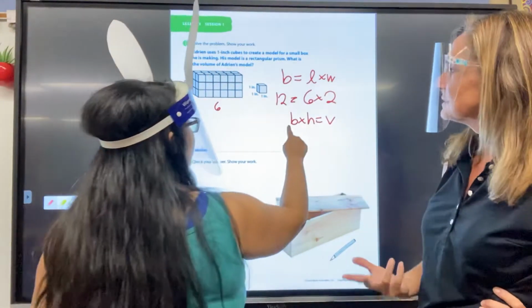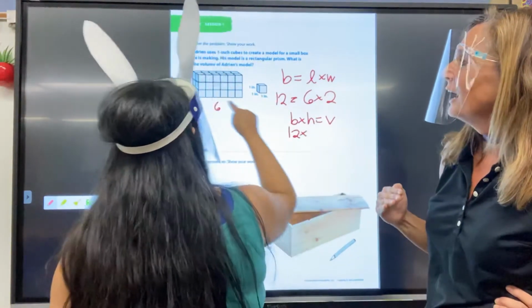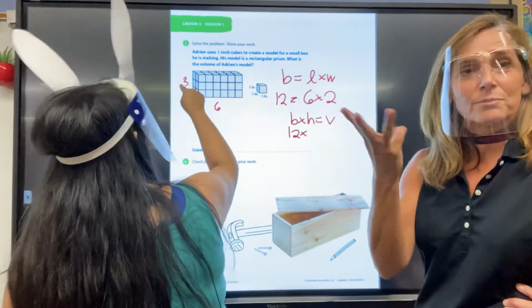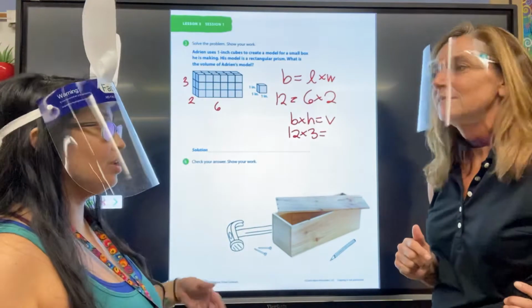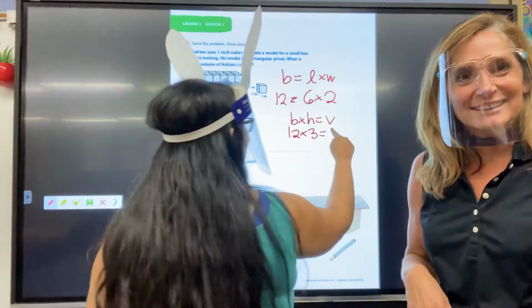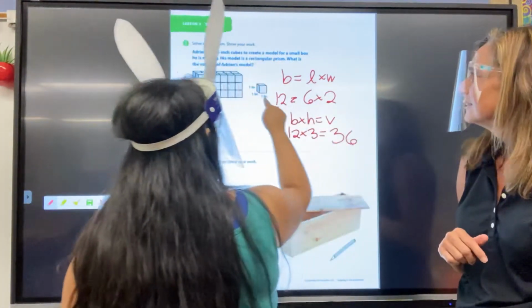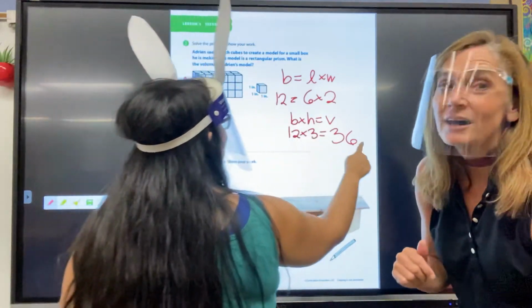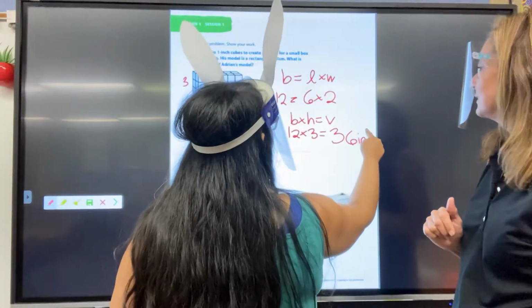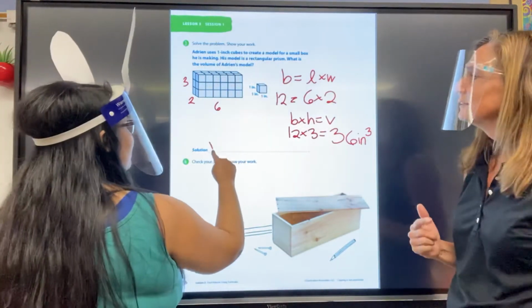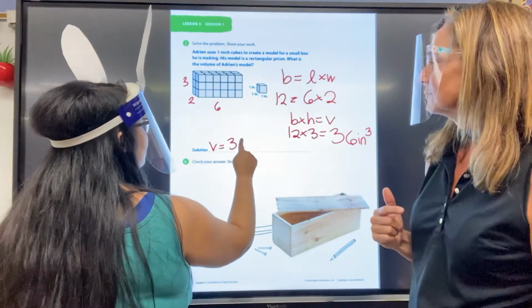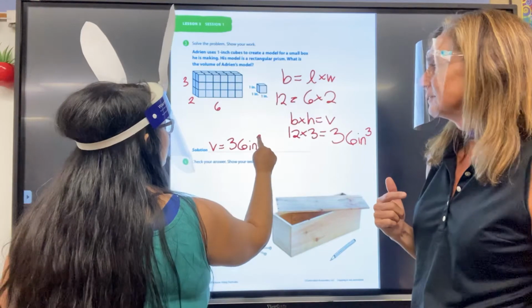So we have our base is 12. We have our height is 1, 2, 3. And 12 times 3 equals 36. And I'm looking at our little example unit cube here, and it says inches. So it's going to be inches cubed. Awesome. So our solution is volume equals 36 cubic inches.